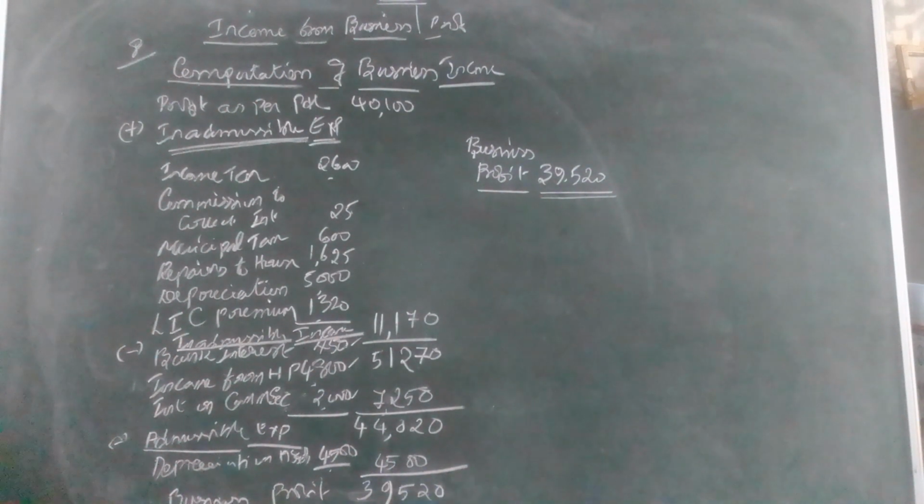Bank interest is not income derived because of your business. It is interest on investment, so it is inadmissible income. Another one, income from HP. What is the meaning of this? Income from house property. This is not at all connected with this head of income, right?